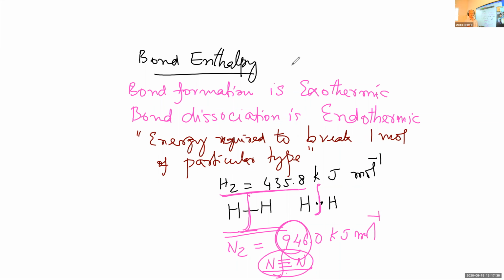Why? Because the bond between the nitrogen atoms in nitrogen molecule is a triple bond. It's a very strong bond. So for the dissociation of the triple bond, a strong bond, high energy is required. Okay, so that's about the bond enthalpy or bond energy.